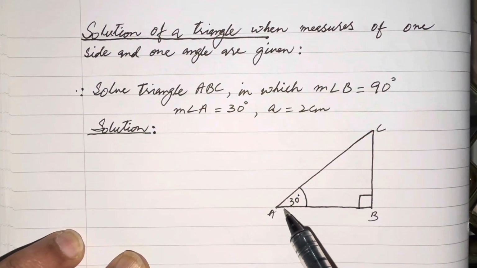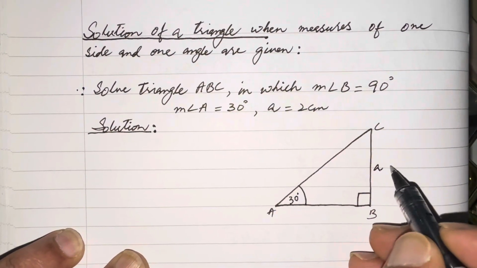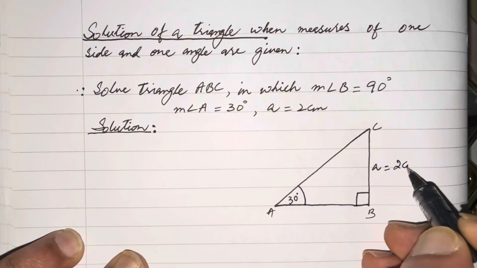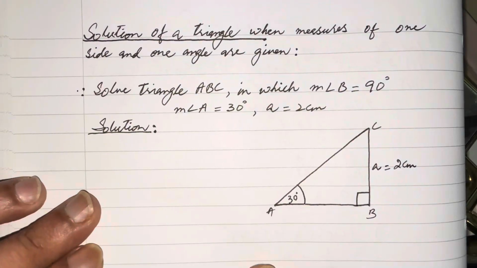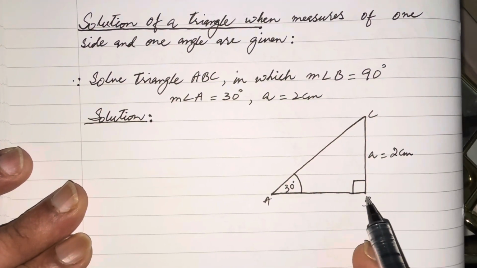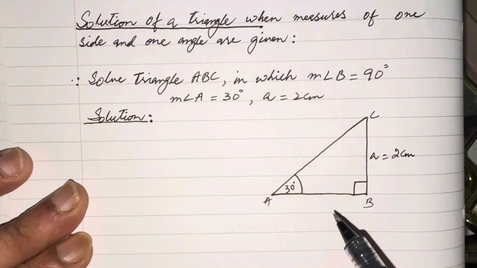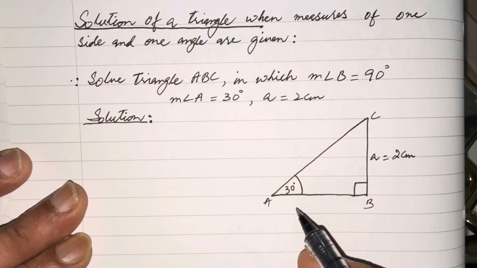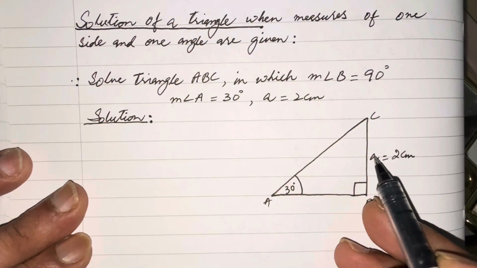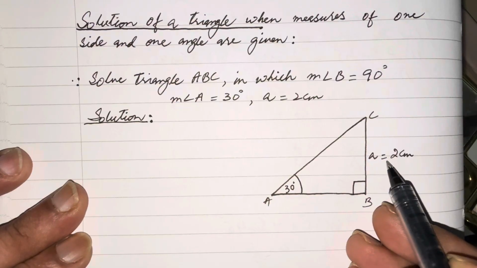The side opposite to angle A we consider as small a, equal to 2 centimeters. As we know, in a right angle triangle, one side is the perpendicular, one side is the base, and the diagonal side is called the hypotenuse. Now angle A is 30 degrees and side a, which is opposite to angle A, is 2 centimeters.